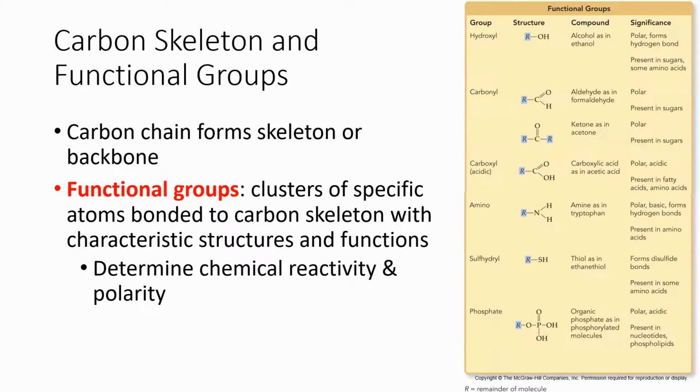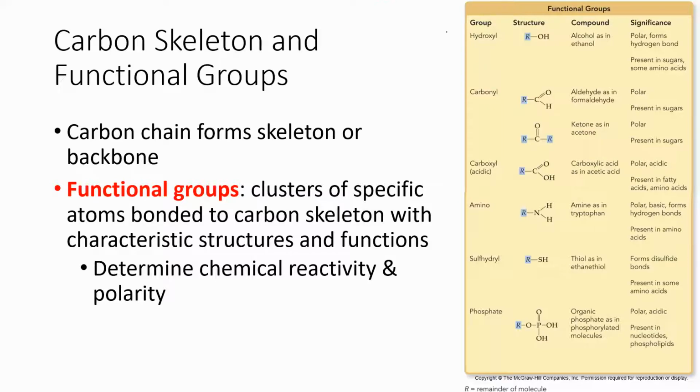So, in addition to carbons and hydrogens, there are a lot of what are called functional groups that can be attached to the backbone, or the carbon skeleton, that makes up the center of these organic molecules. There are a number of these functional groups. Each of them can provide different characteristics to the molecule that they are a part of.